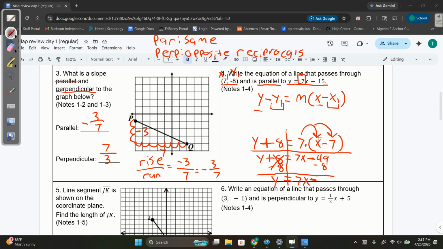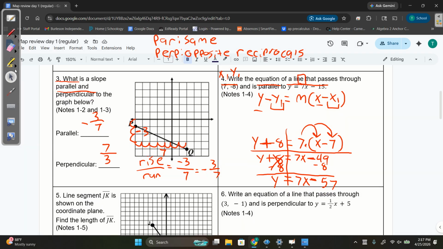So I add them together, 49 plus 8 is 57, and I keep it negative. So my answer is y equals 7x minus 57. This equation here is parallel to the original line and goes through this coordinate point.